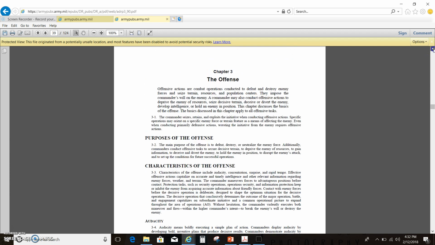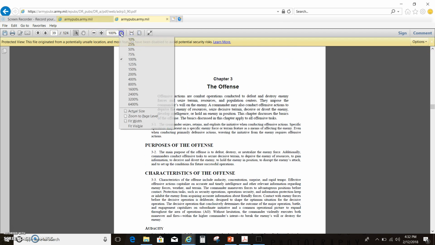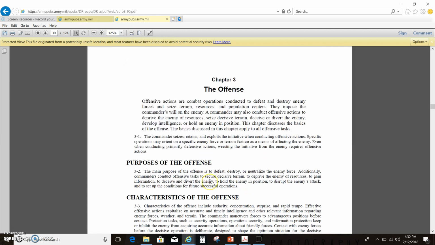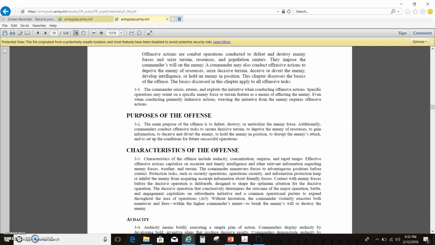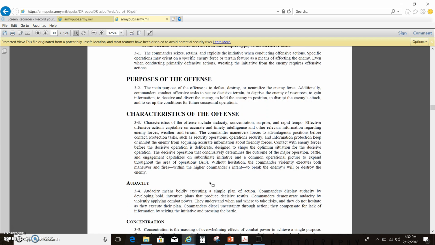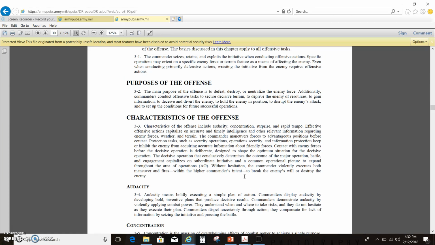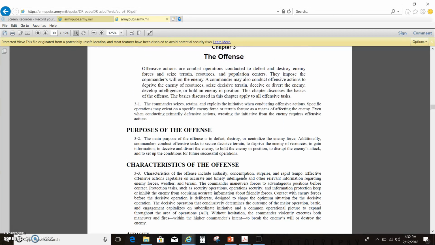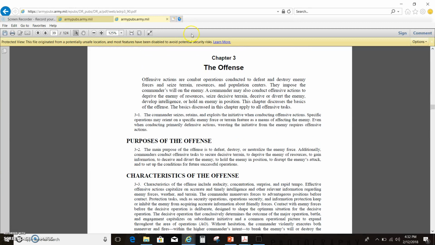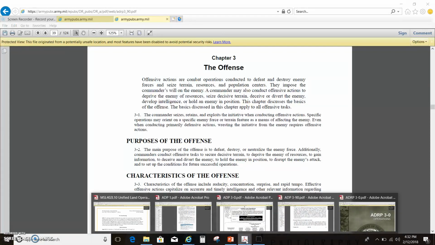Another thing that I want to highlight again is that the offense is the decisive form of war. It gives you the Army explanation of what offensive operations are, but at the end of the day, the offense is the decisive form of war.